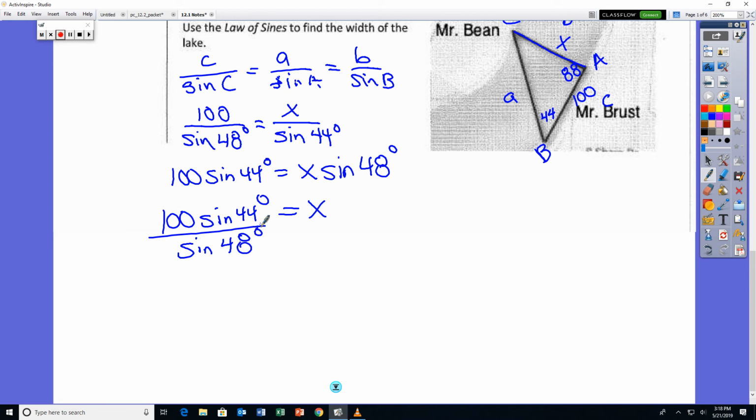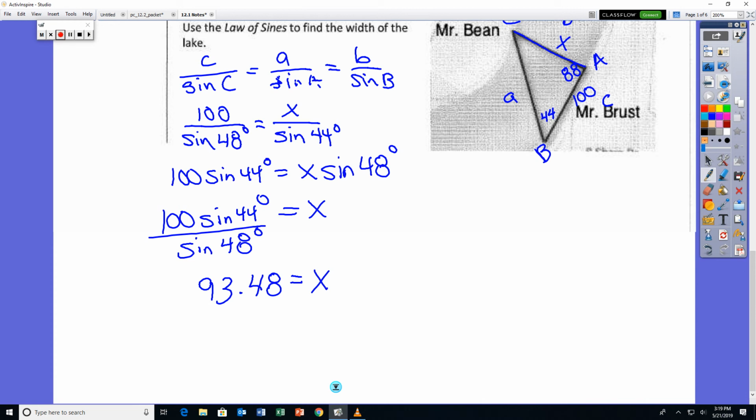This portion right here we can actually just type into your calculator to get an answer. So when we type 100 times sine of 44, we'll get some value divided by the sine of 48, and that would come out to be 93.48 for the distance across the lake, or for our X value. The actual calculations here are not going to be any more than what we're doing right there.